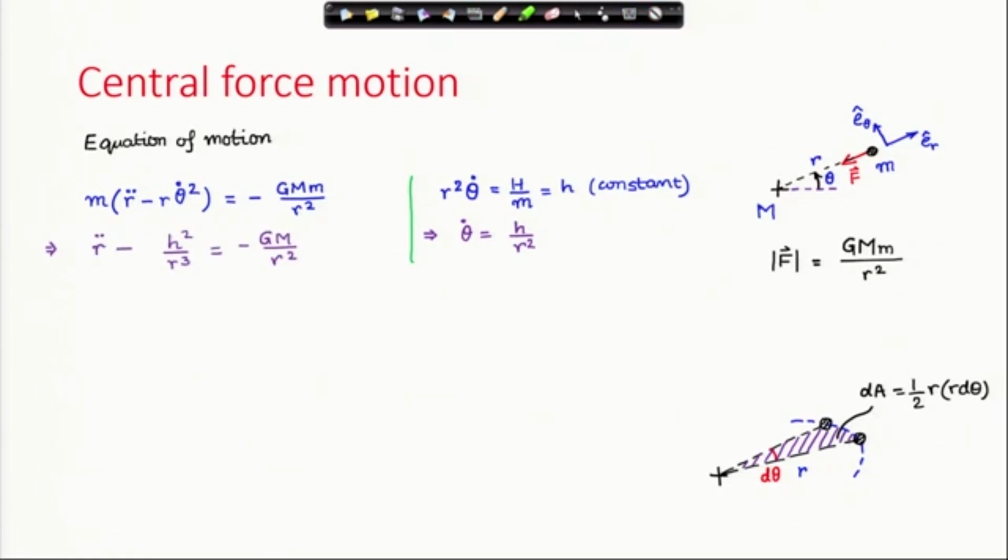This is r double dot minus h square by r cube, h is a constant, remember, angular momentum by mass, equal to minus G M by r square. I have cancelled m from both sides.